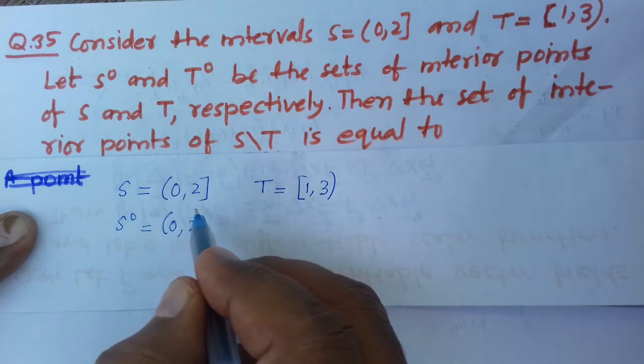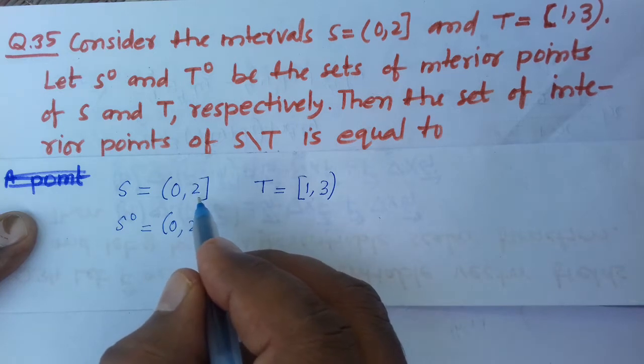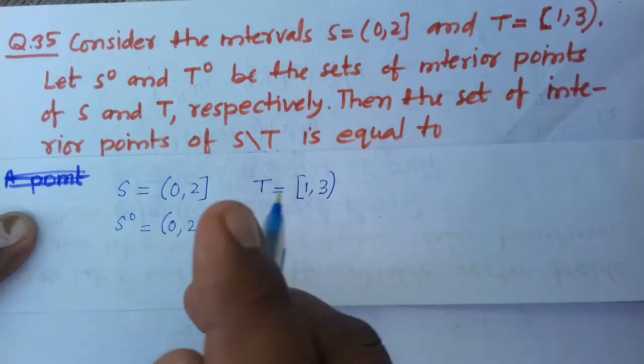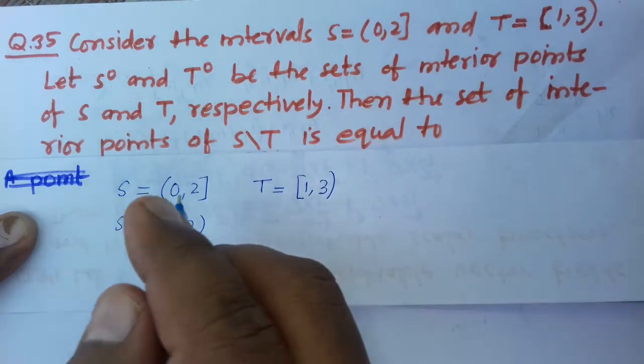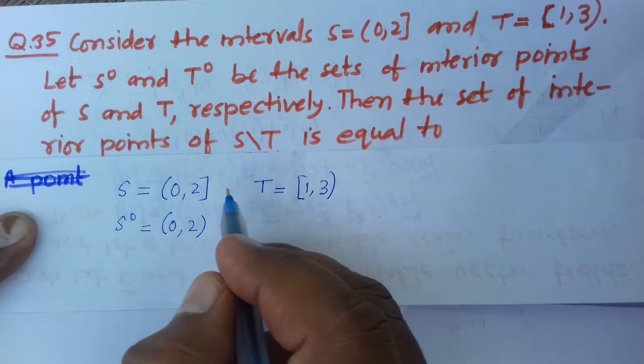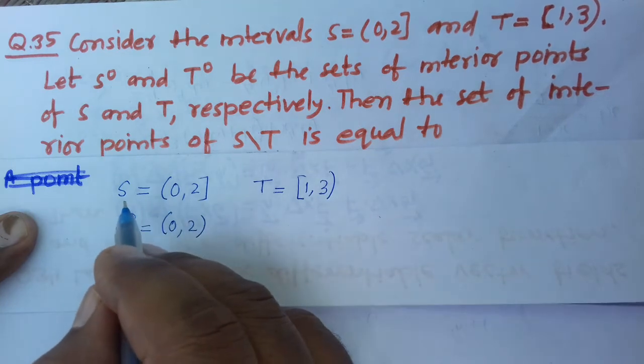2 will not be included because if you take a neighborhood of 2, neighborhood means 2 minus delta, 2 plus delta, where delta is a positive number. Then 2 plus delta will be outside of this set.